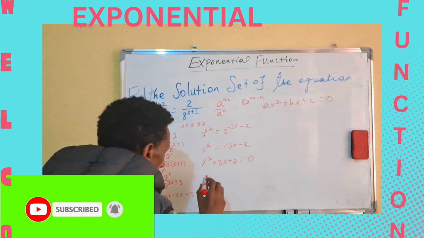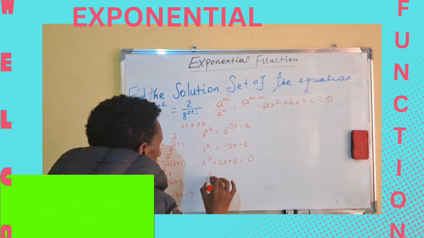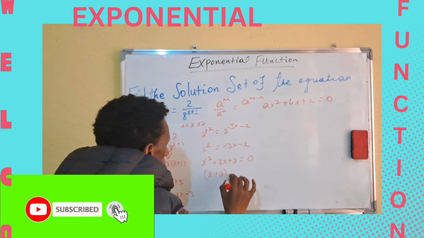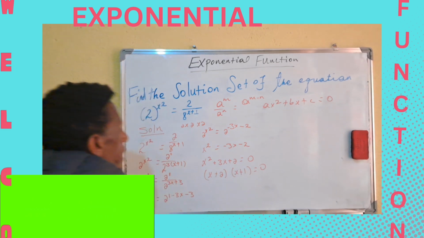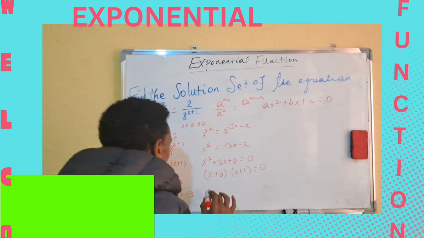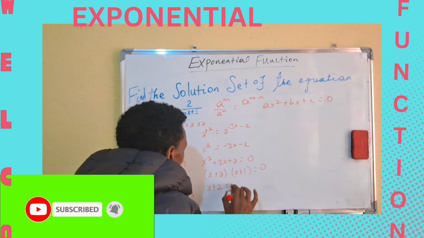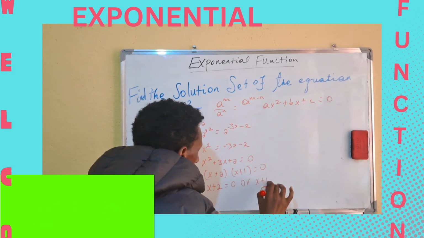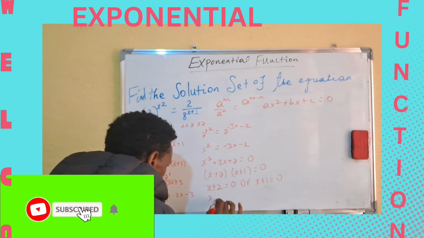So this is going to be x plus 2 times x plus 1 equals 0. This means x plus 2 equals 0, or x plus 1 equals 0.